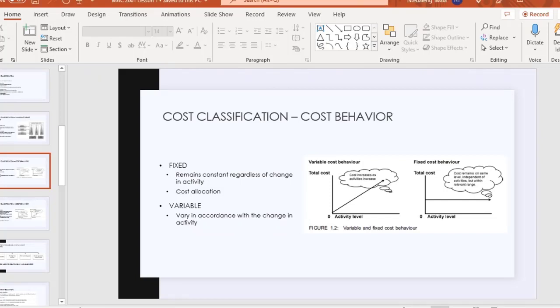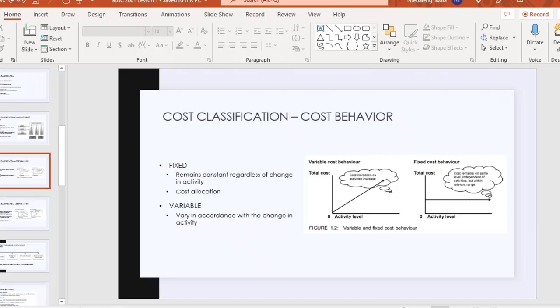Can you think of an example of a cost that has a bit of fixed and a bit of variable? It doesn't have to be related to the table. What can you think of that is semi-variable? So it has a fixed portion and also a variable portion. Can you guys think of anything?